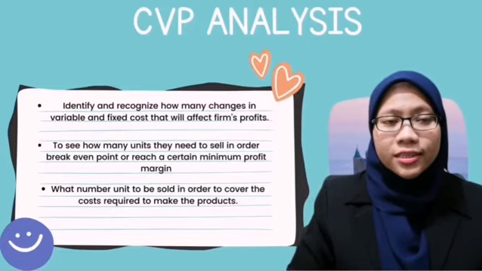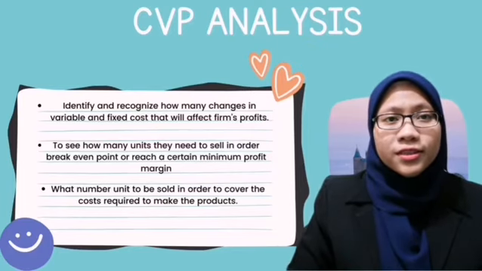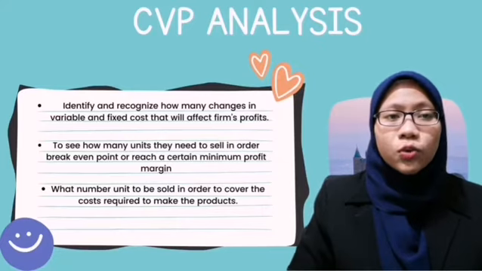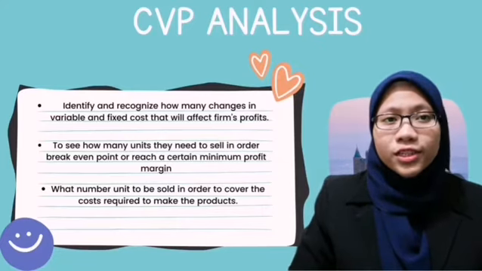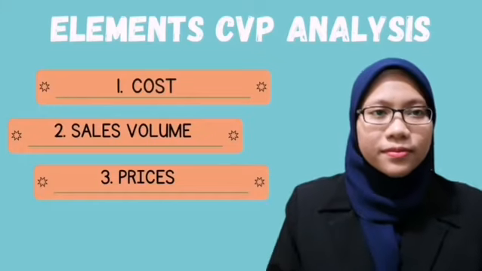CVP is the method to identify and recognize how changes in variable and fixed costs will affect the company's profit. Most companies use this analysis to see how many units they need to sell in order to reach the break-even point or a certain minimum profit margin. It means what number you need to sell in order to cover the cost required to make the product.